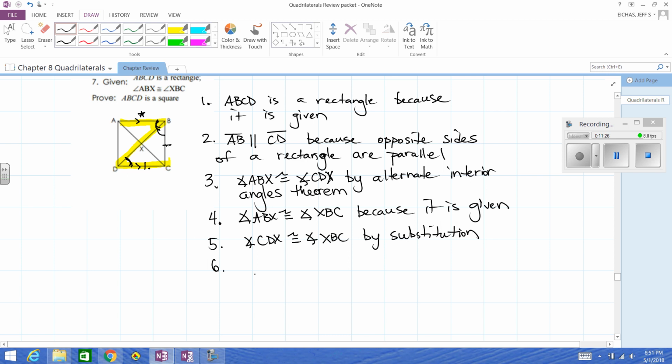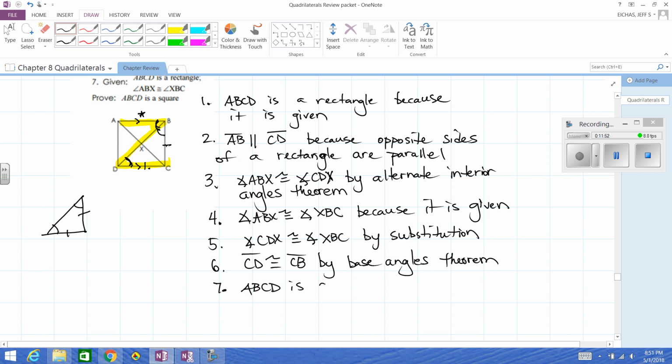What you notice is what we have here is an isosceles triangle now. So those are the same. So CD is going to be congruent to CB by base angles theorem. It's now an isosceles triangle. And finally, ABCD upgraded to a square, because it is a rectangle with adjacent sides congruent.